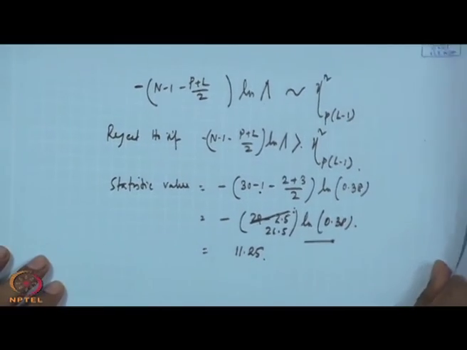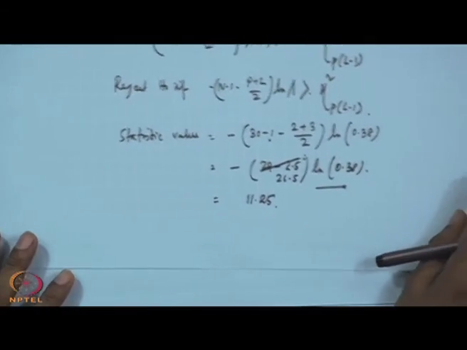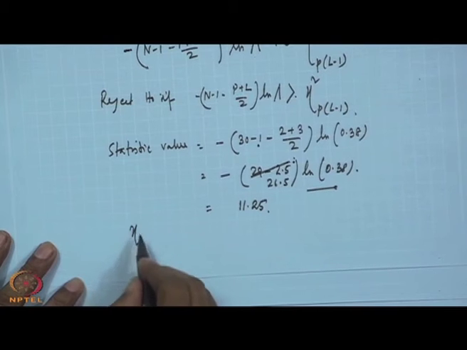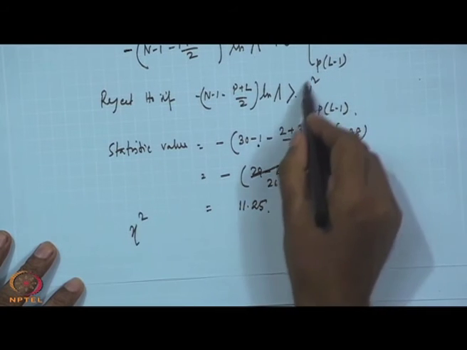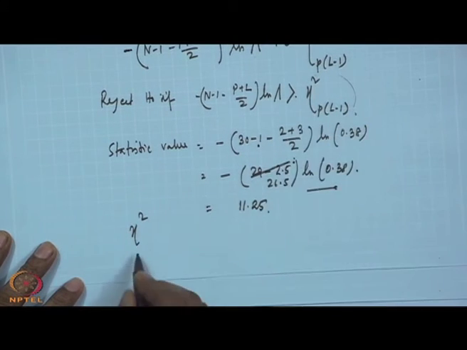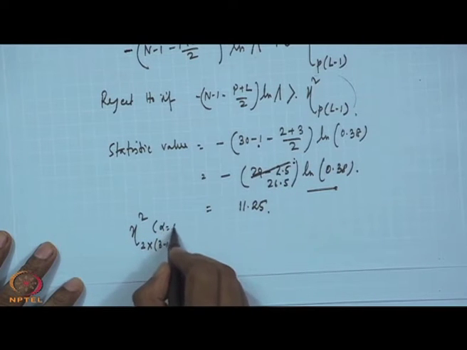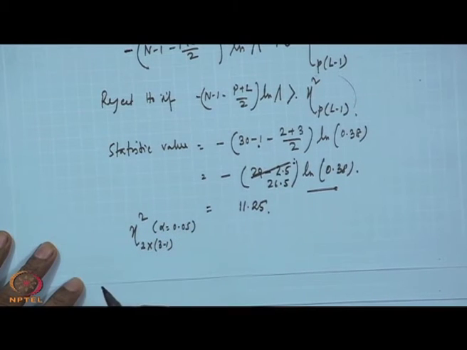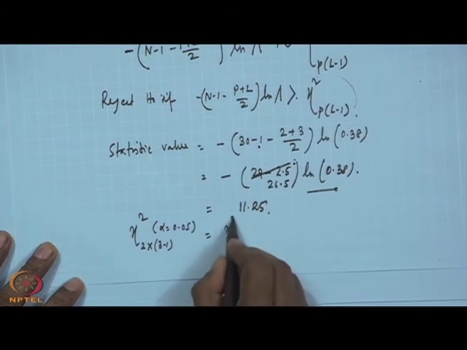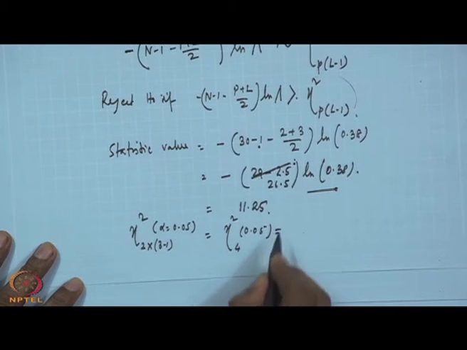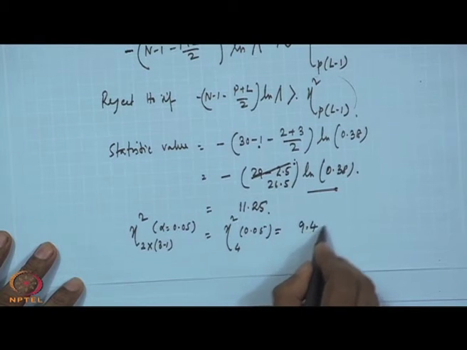Now, you are required to find out what? You require chi-square with p into L minus 1 degrees of freedom. p is 2, L minus 1 is 3 minus 1, that is 2, so the degrees of freedom is 4, and you have to take an alpha value, let alpha equal 0.05. Then this one is chi-square 4, 0.05, and this value is 9.49.